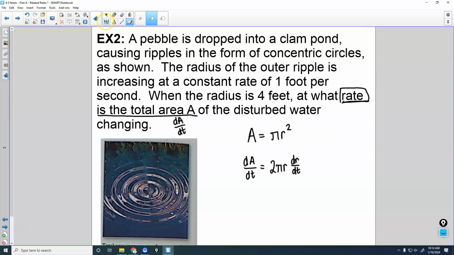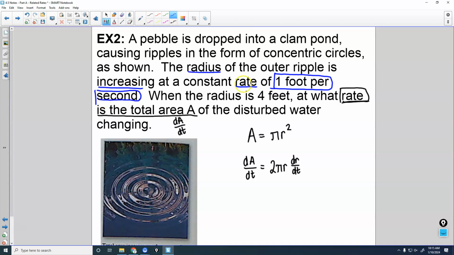All right, so once you get to this point, you usually want to plug numbers into your equation. So we've got to figure out what each number represents. They give us 1 and 4. It says the radius of the outer ripple is increasing at a constant rate, so the radius is increasing at a rate of 1 foot per second. What variable is that in this equation?